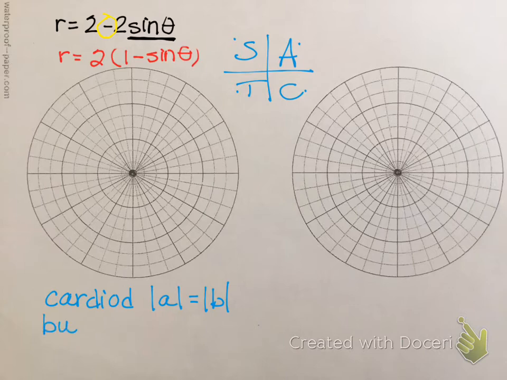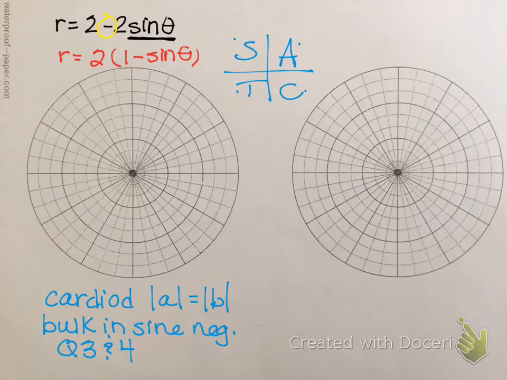So our bulk will be in the quadrants where the sine is negative. So therefore we know that that will be quadrants 3 and 4.